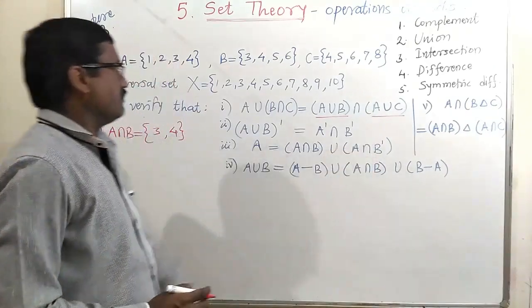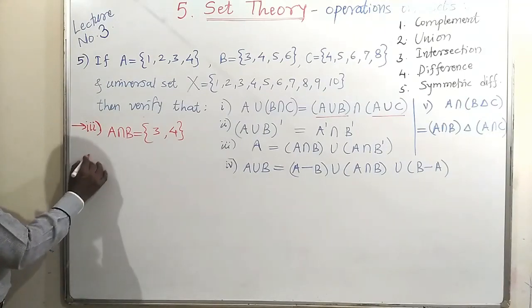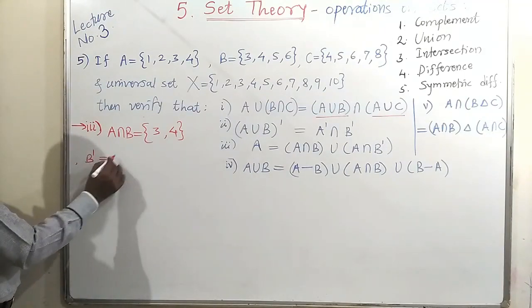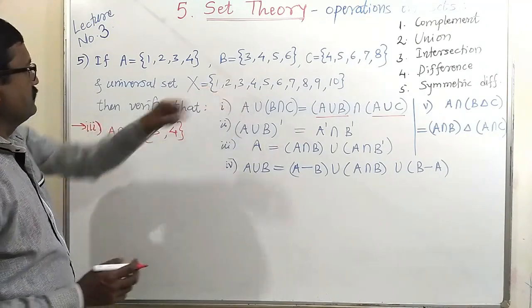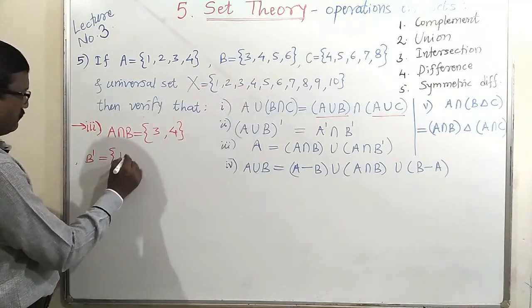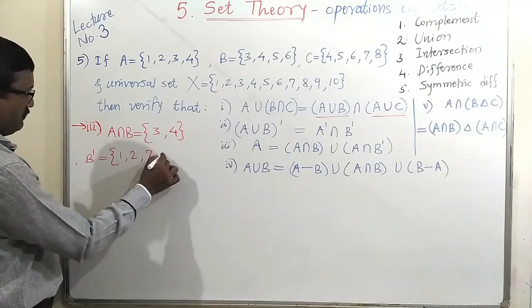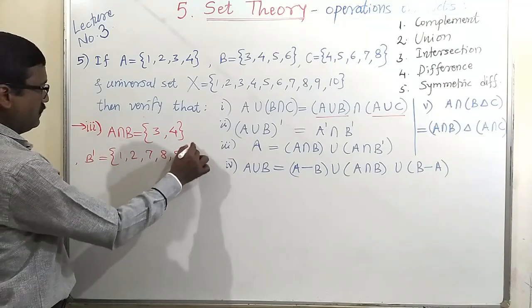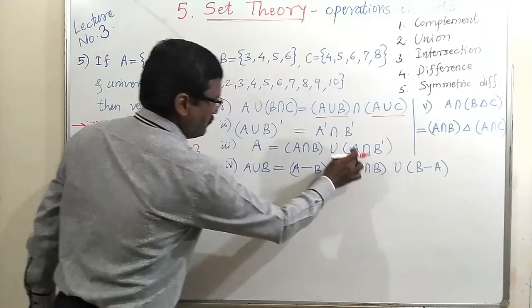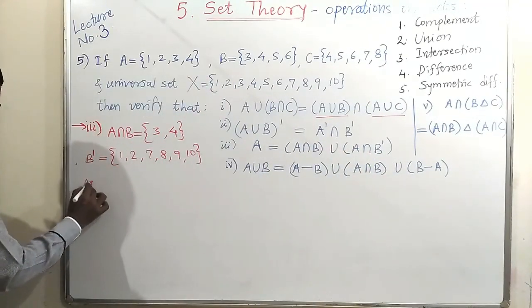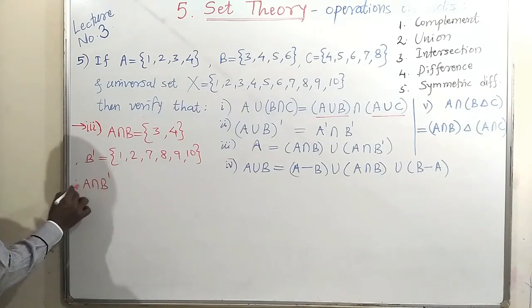Then A intersection B complement. What is B complement? B complement is the elements except these elements from the universal set. Those are nothing but 1, 2, 7, 8, 9, 10. So take the intersection of B complement with A.